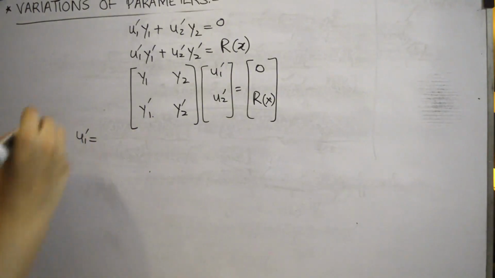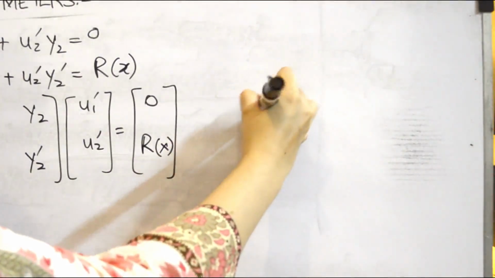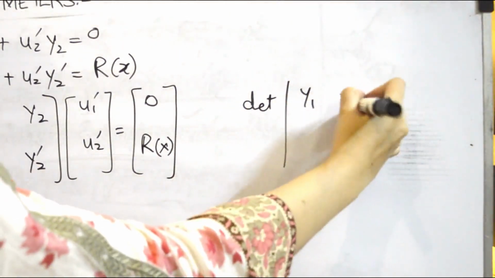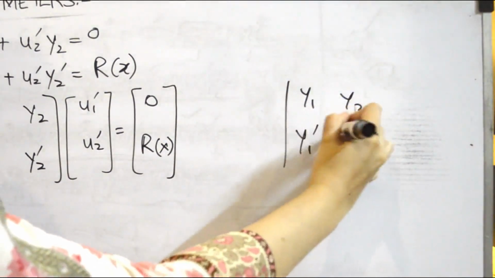One more thing is that the determinant of this matrix is y1 and y2, y1 dash and y2 dash.